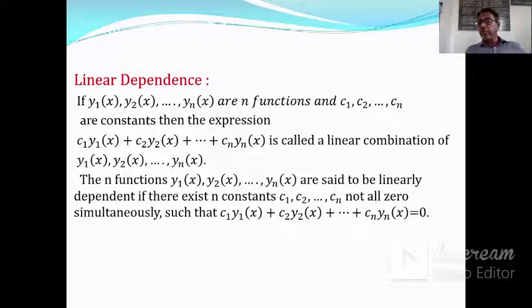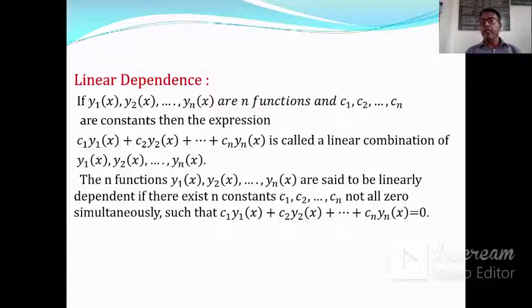And if this linear combination is zero and all the constants are zero, that is c1 is 0, c2 is 0, ..., cn is 0, then we can say that these n functions y1 of x, y2 of x, ..., yn of x are linearly independent. Do you understand these two definitions properly?